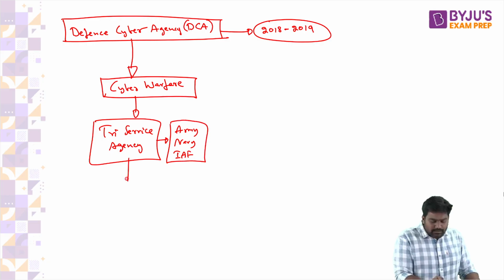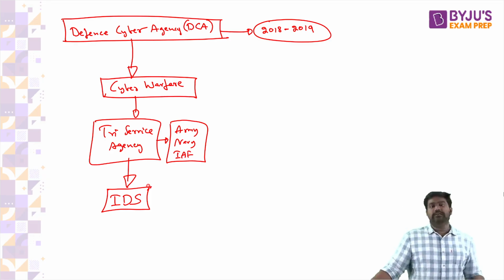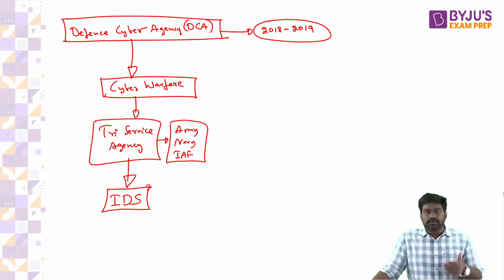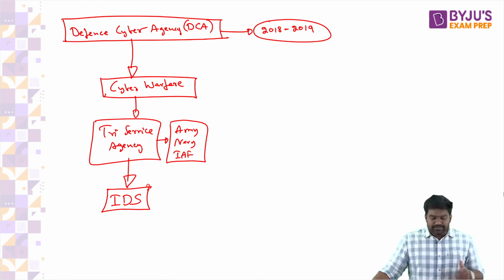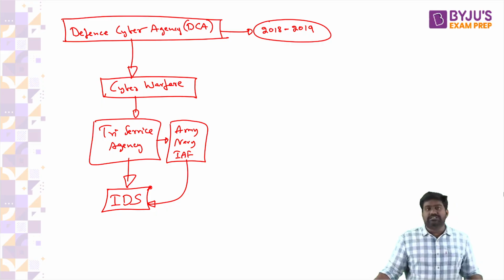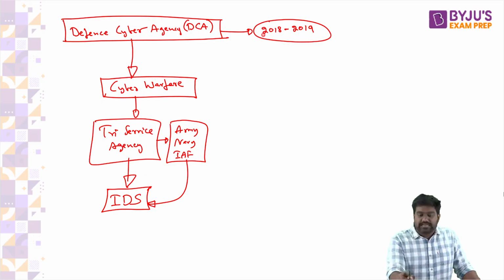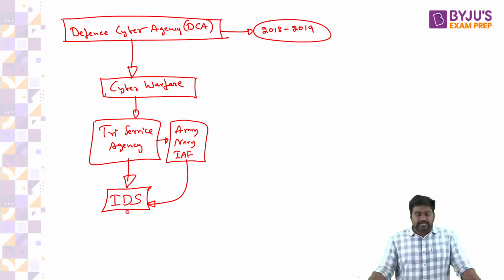All right. It functions under IDS, the Integrated Defense Staff, which is an integrated headquarters for all tri-service operations. When three services are operating together, right, these operations and tasks come under IDS, the Integrated Defense Staff. So Defense Cyber Agency has been recently established in 2018 under Integrated Defense Staff.